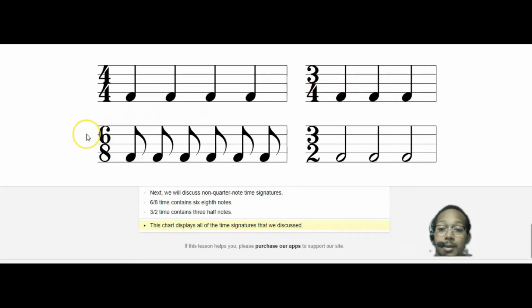Here, top number is 6, 6 beats per measure, 8 meaning the 8th note will get 1 beat, and finally top number 3, 3 beats per measure, bottom number is 2, the half note will get 1 beat.